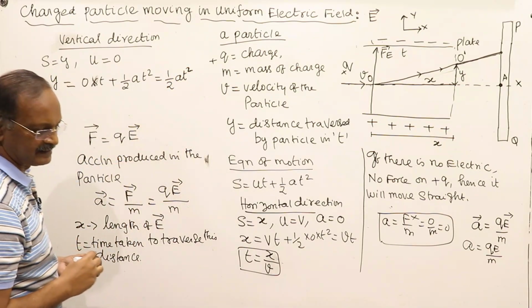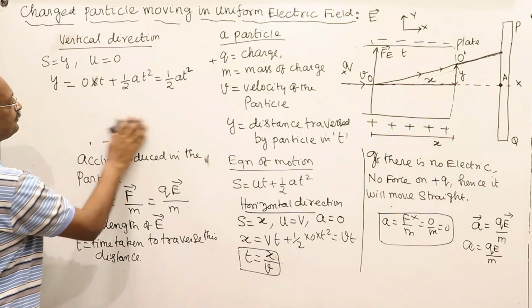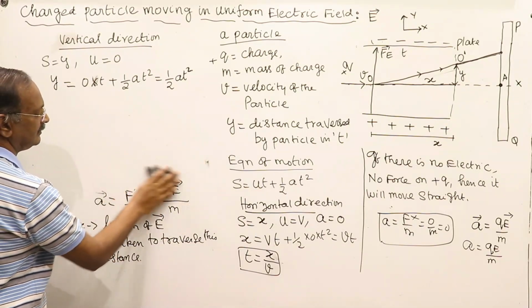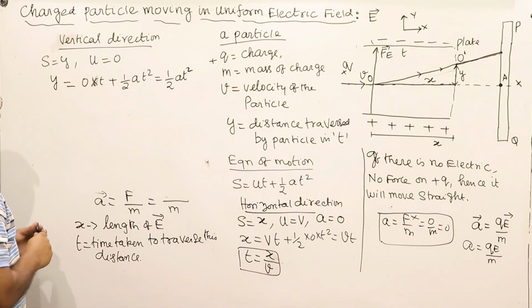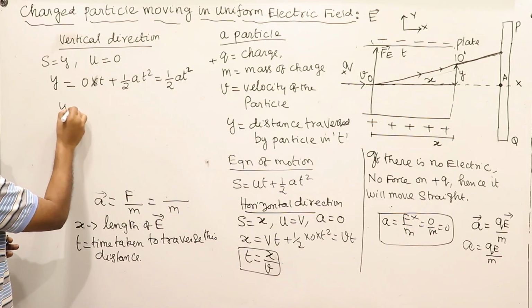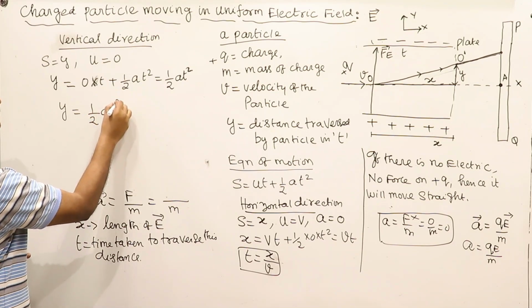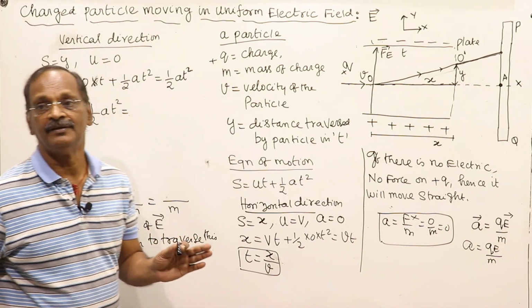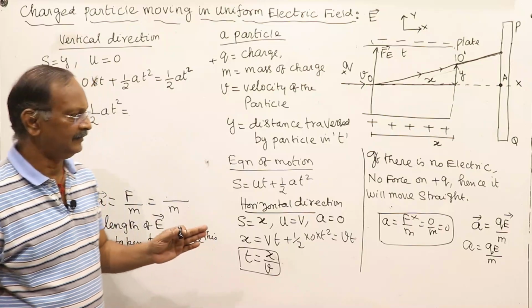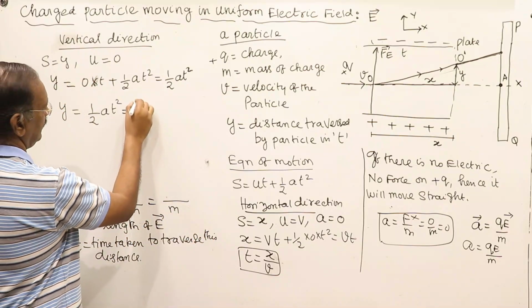This is the distance traveled in the y direction. Now, since y is equal to half into a into t square, we have found out the value of acceleration.